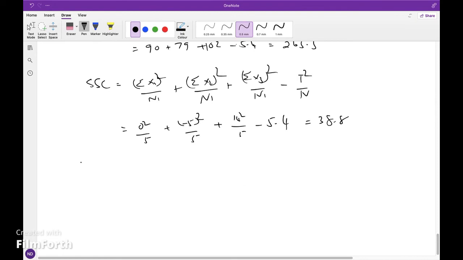Now we need to find the sum of squares row wise.